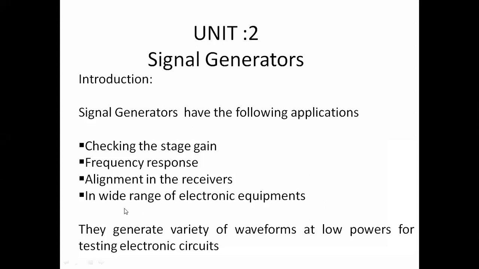So in such situations, we can use the signal generators in a wide range of electronic equipment. In electronic devices also, we can use these signal generators to generate a variety of waveforms at low powers, in testing electronic circuits.